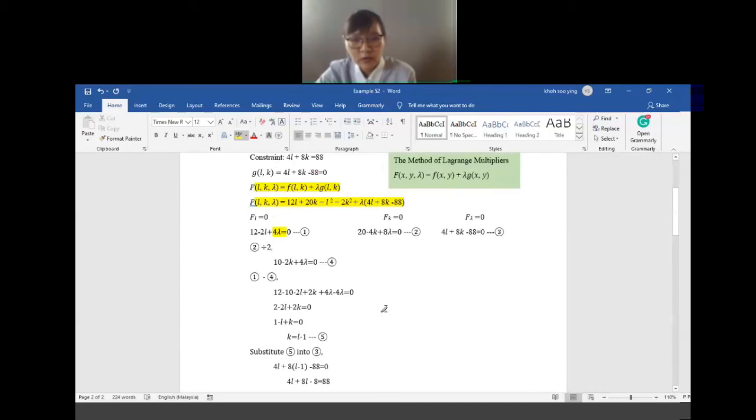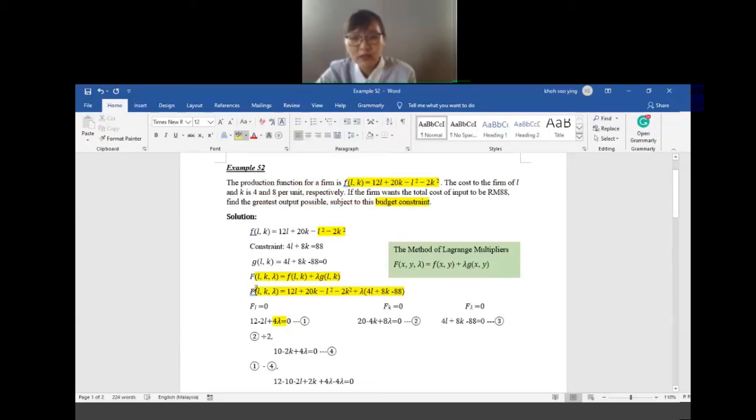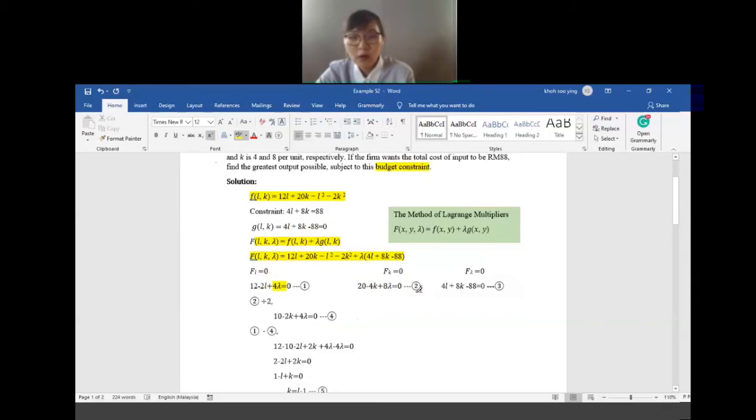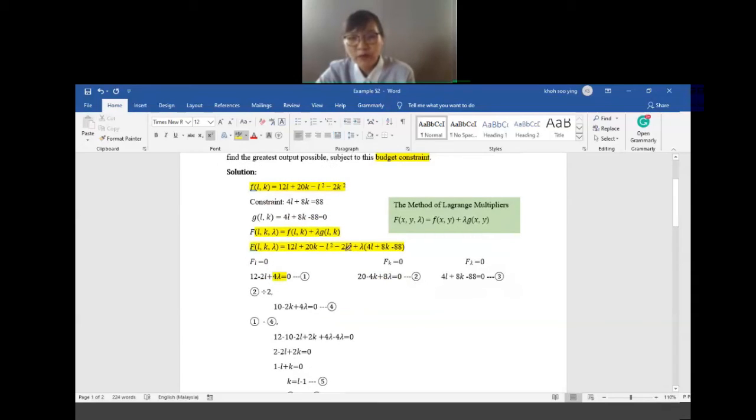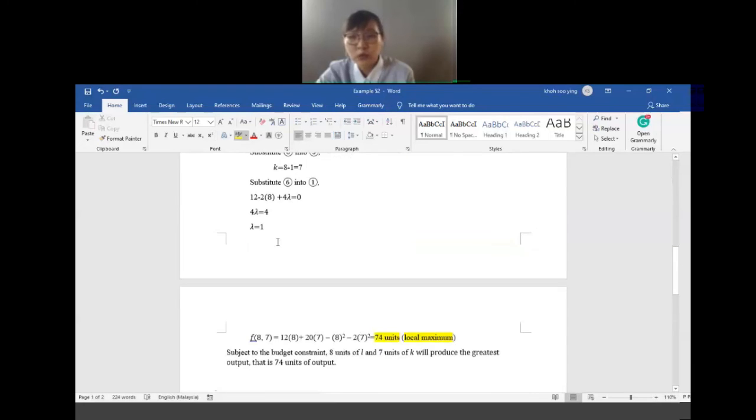You can just use the second derivative test for this equation, at the critical point where lambda is equal to 1.